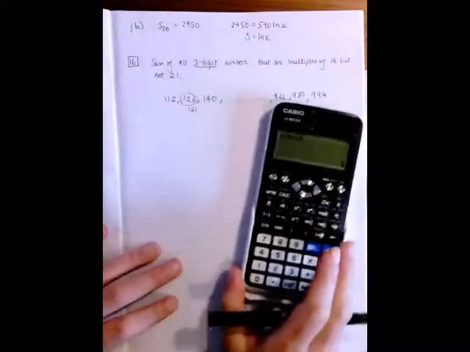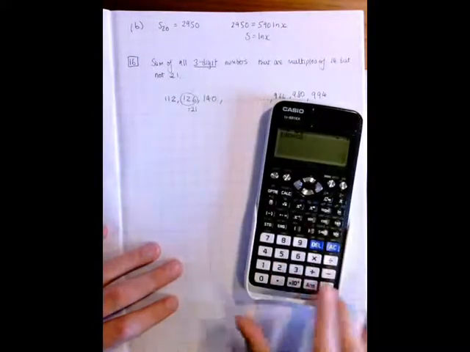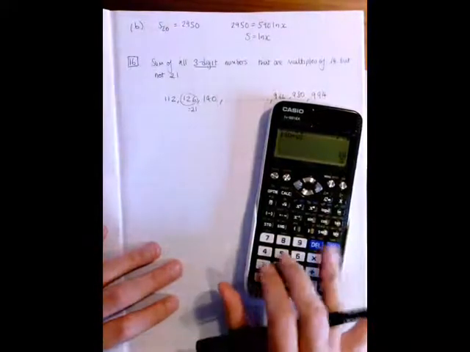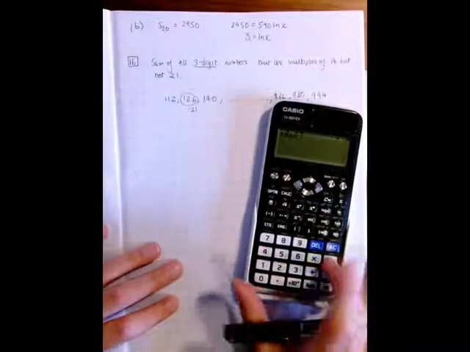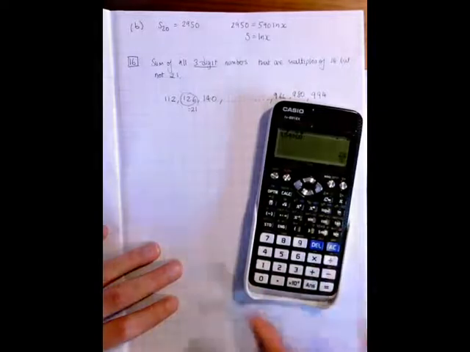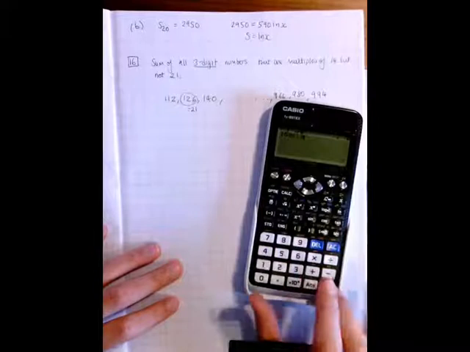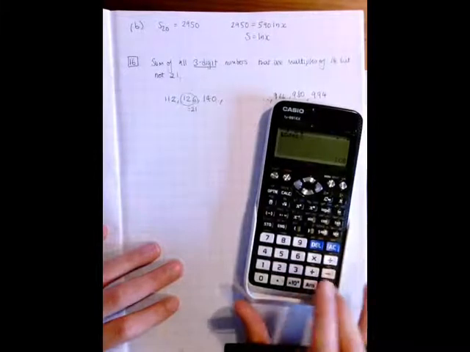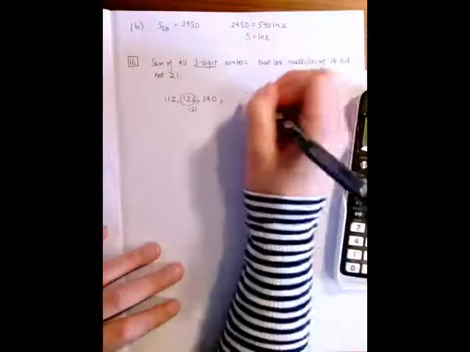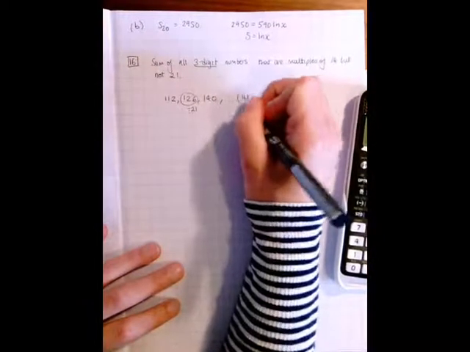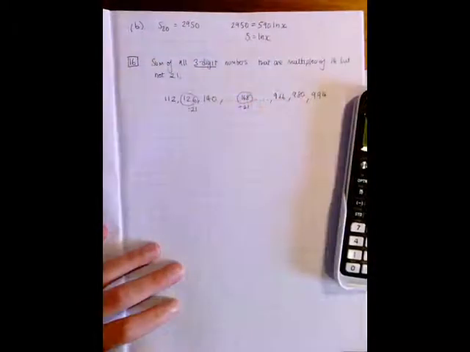If I just go through and check the next one, 140 doesn't work. Let's try 154, because that would be the next one. That wouldn't work. The next one after that would be 168. That one does work.